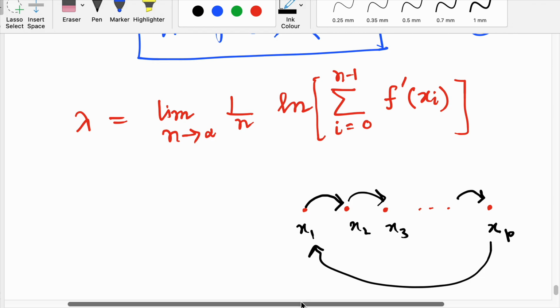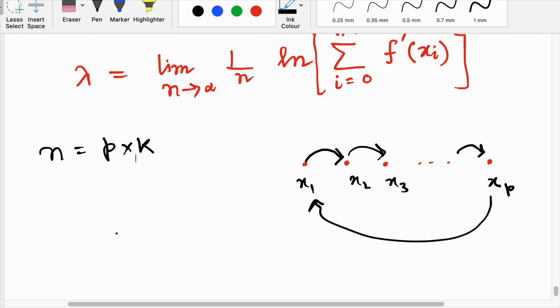So this group of p points will appear multiple times, infinitely many times. So instead of n, there are only p iterations. After p iterations, the p plus 1 iteration will be the same as x1. So n can be written as p iterations times some constant k, where p is the period of that cycle.